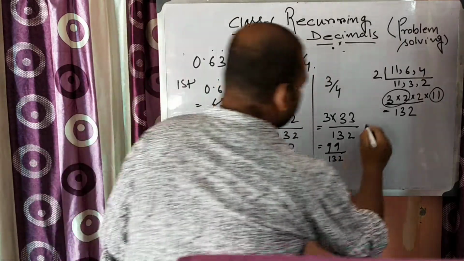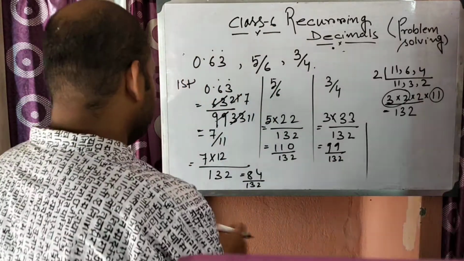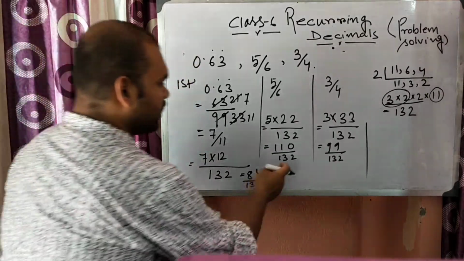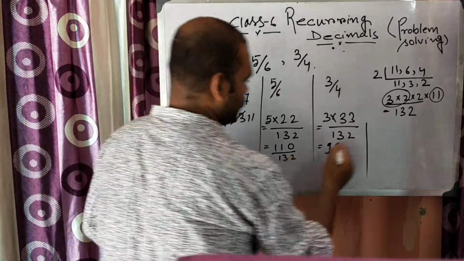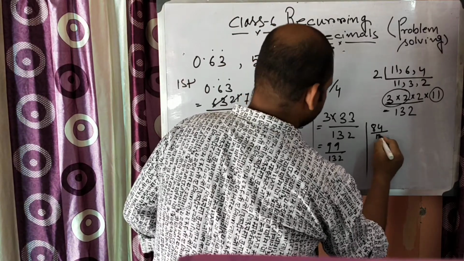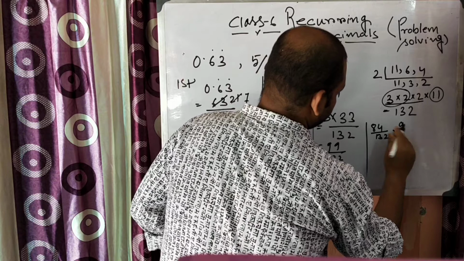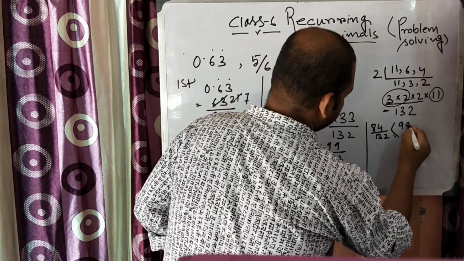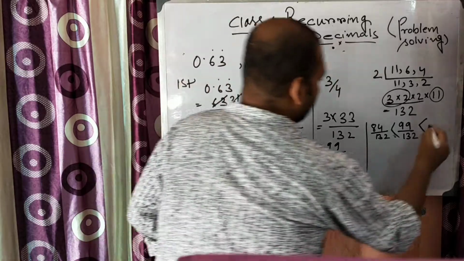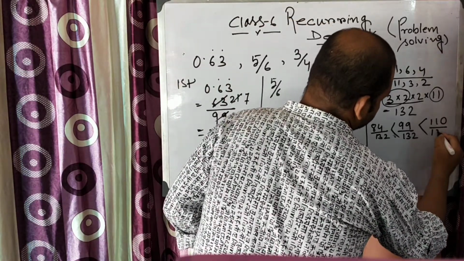Now which one is greatest? All the denominators are the same, so this one is greatest and this one is the lowest. Starting from the lowest term, 84 by 132, then 99 by 132, and the greatest is 110 by 132.